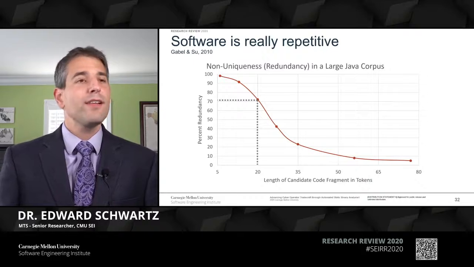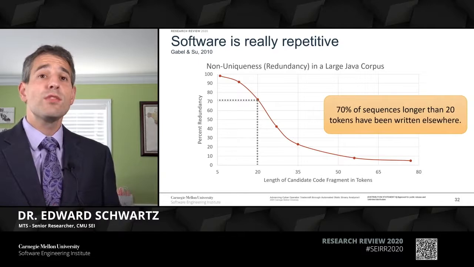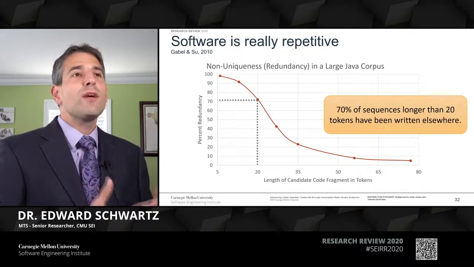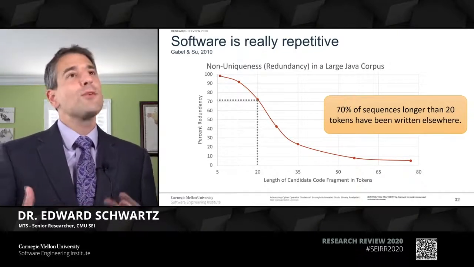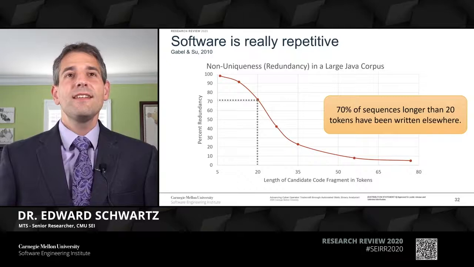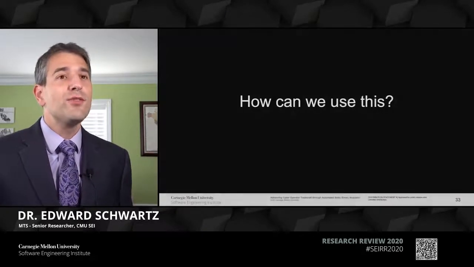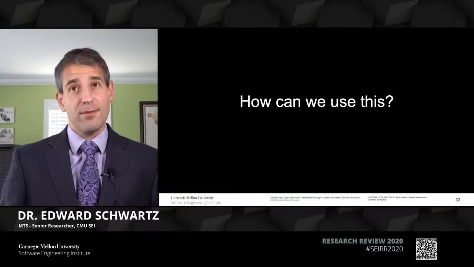The highlighted point shows that 70% of the sequences longer than 20 code tokens were written somewhere else inside the corpus. The bottom line is that programmers are writing a lot of code that someone else has already written, and that's something we can use to our advantage when trying to predict or learn variable names.